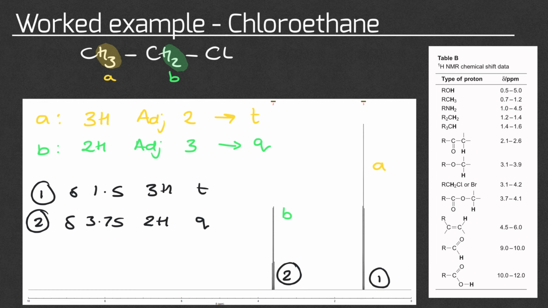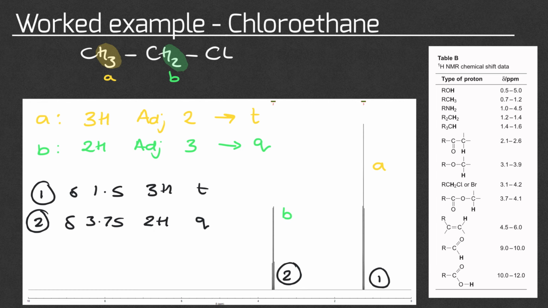The ppm values are only a rough guideline. So if we've got something of about 1.5, it could still be an RCH3. We have to take into account how close it is to other electronegative groups, in this case the chlorine, which will have an effect on it. Environment B is clearly peak 2, as they both have 2 hydrogens.